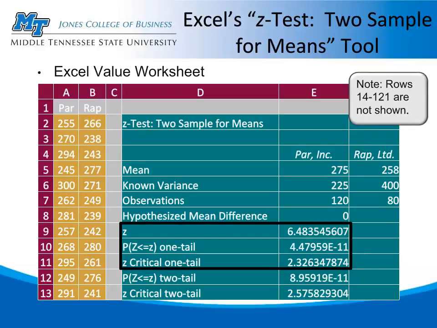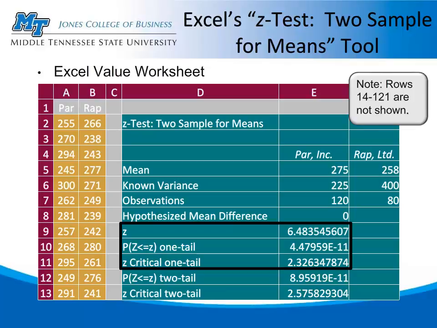Now we've made column A and column B a little smaller than we probably should, but if you look over in E4 and F4, the "Par, Inc." and "Wrap, Limited." are the characters that were in A1 and B1 when the procedure was run. It starts in D2 and puts out z-test: two sample for means.